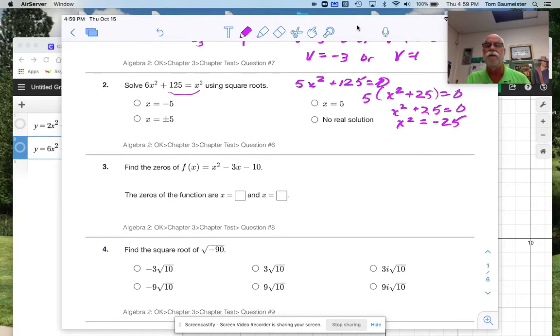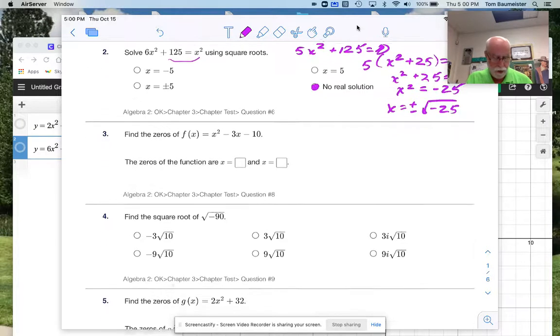It becomes negative. Now remember, we would say x is equal to plus or minus the square root of negative 25. So we know that negative there would give us an i, but we don't have any answer that has an i. Remember, this was on the very first section. And so on that one, all we could say was no real solution.